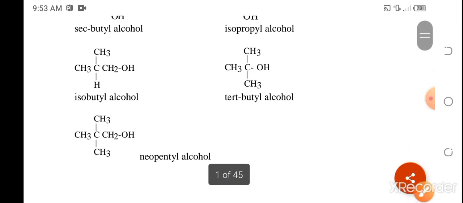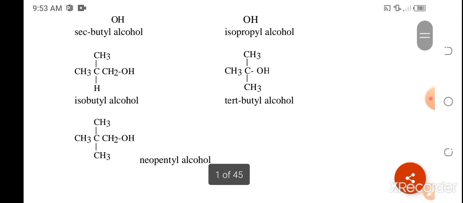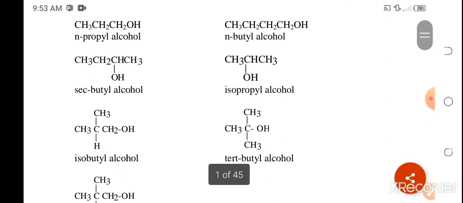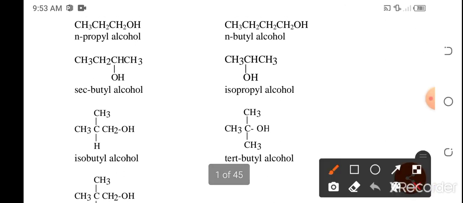We also have isobutyl alcohol. The difference is that the hydroxyl group has been attached on this carbon atom, however the arrangement of butyl is different: the methyl group is attached to the middle carbon atom.